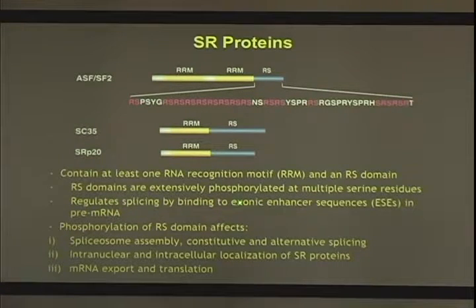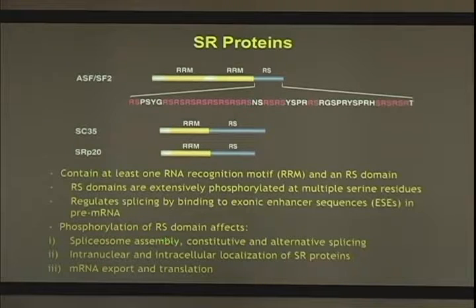How do they do it? They bind to a pre-mRNA sequence called the exonic splicing enhancer element, a 7-nucleotide RNA sequence present within the exons. By binding to the exons, they assemble the hnRNPs and form the spliceosome.